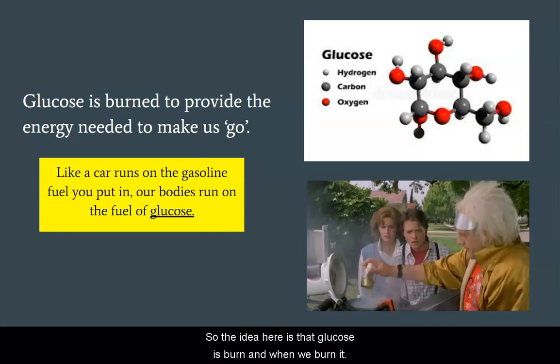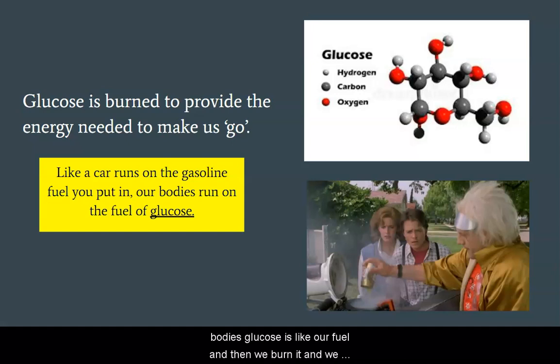So the idea here is that glucose is burned, and when we burn it, so to speak, it's able to provide energy to make us go. You can think about this in the sense of a car: you add gasoline as the fuel, and that's what makes the car go. That fuel is burned, and then that makes the car move.